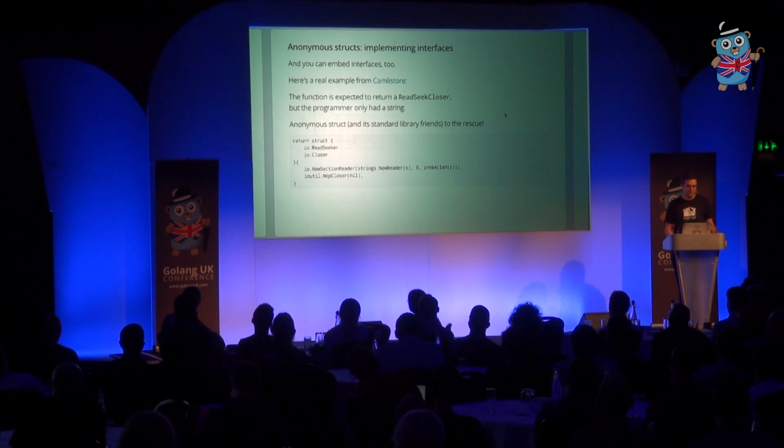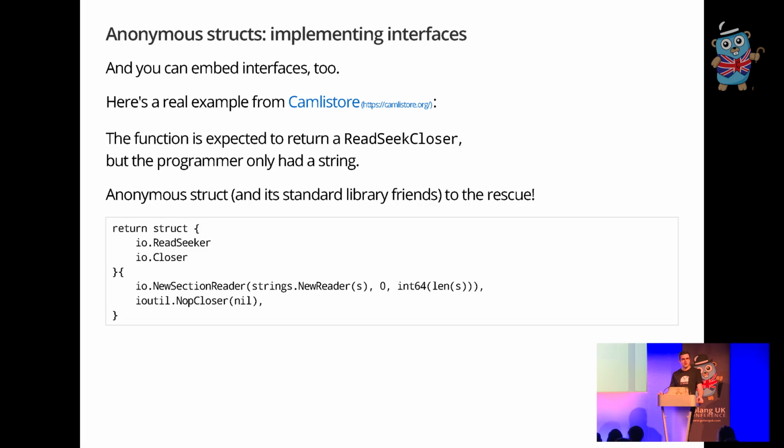We can also use embedding in structs to implement interfaces in an ad hoc kind of way. So here's an example from the Camlistore project where there was a function signature which returned a ReadSeekCloser, so the union of io.Reader, io.Seeker, and io.Closer. But the programmer in this case actually only had a string, so they needed a string to implement Read, Seek, and Close.